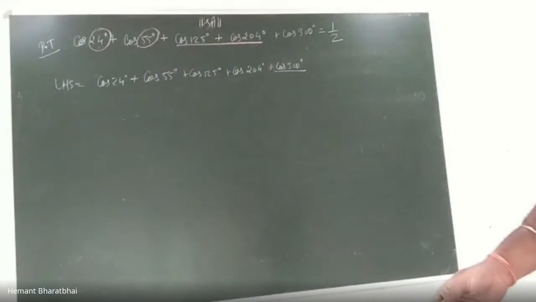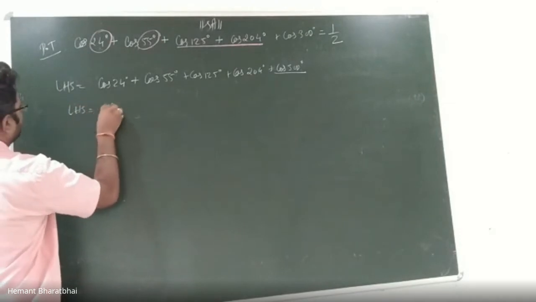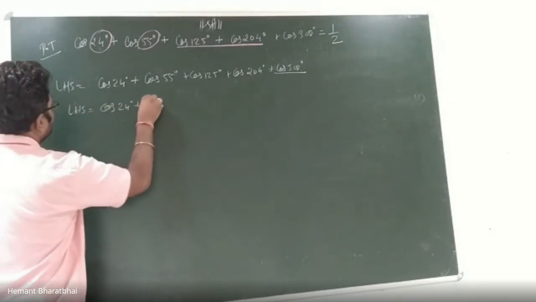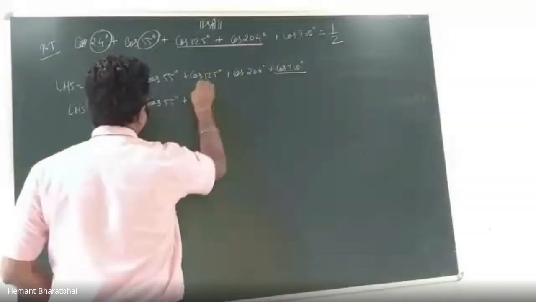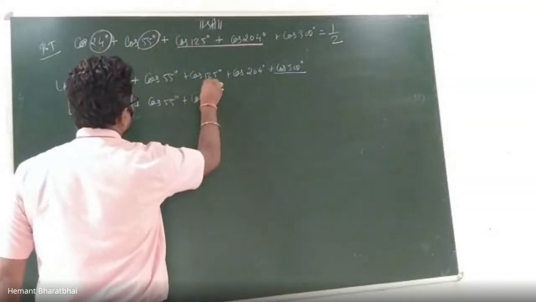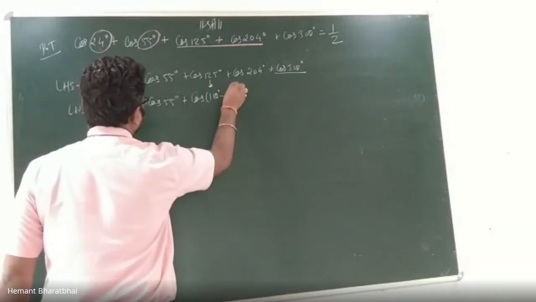So therefore, I can write LHS is equal to cos of 24 degrees plus cos of 55 degrees plus cos of 125. 125 can be written as 180 degrees minus 55 degrees.